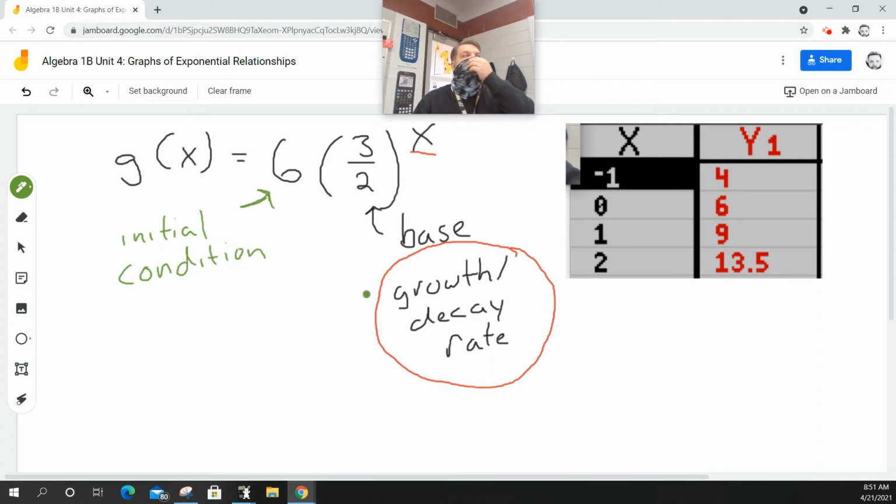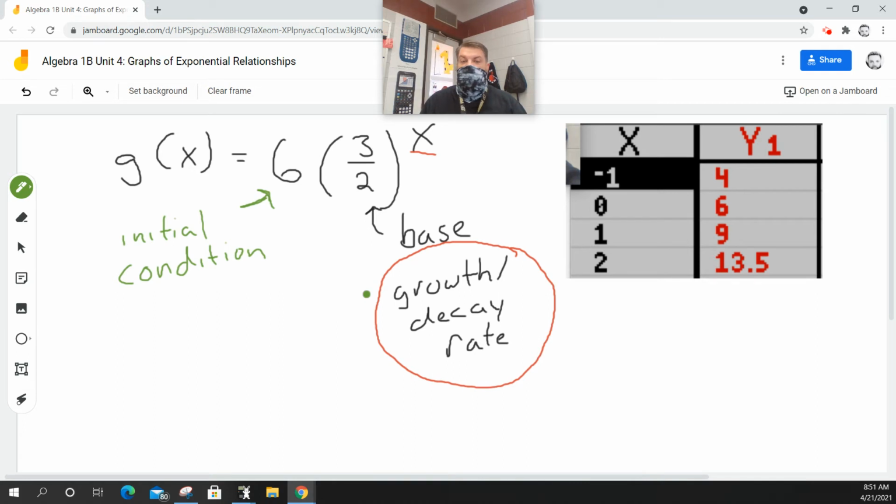So if I start off with a petri dish that has 400 bacteria in it, or bacteria, the plural is the same as the singular. If my value that I would plug in there will be 400, and if they double every day, I would put 2 in parentheses, and I'd raise that to the x, and x would represent the number of days.